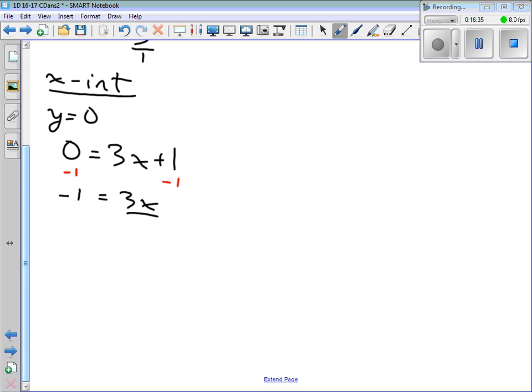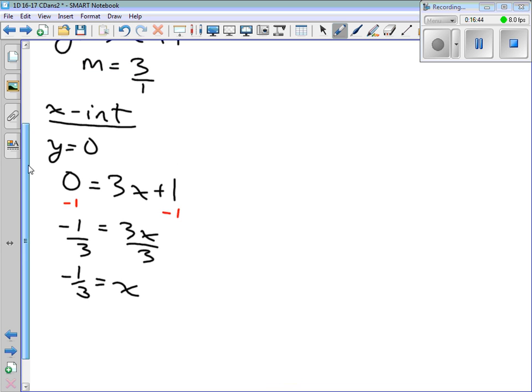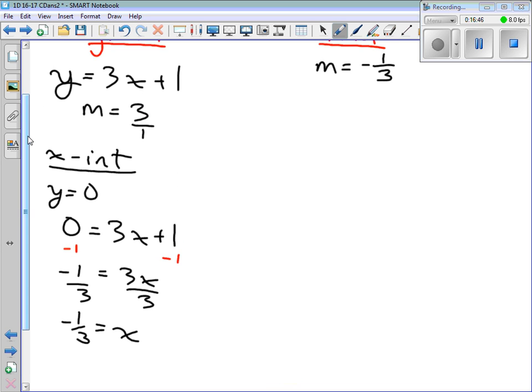Then I'm going to divide through by 3, and we get x equals negative 1/3. So if x equals negative 1/3 when y equals 0, that's giving us a point on this line. The point is negative 1/3, 0. That's the x-intercept of this line.